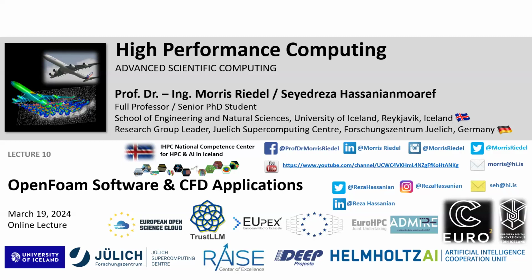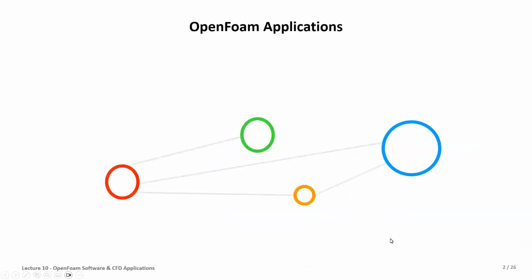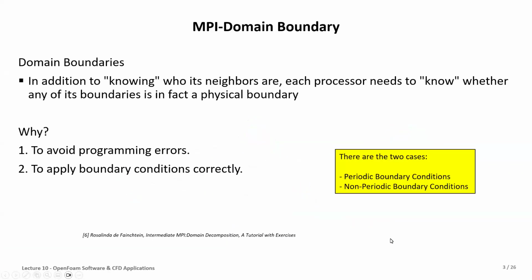In this part of the lecture, we will continue with OpenMPI and the boundary condition which is necessary for the MPI domain. And then in the last part of this lecture, we will have a practical example of OpenFOAM for parallel decomposition and running the simulation. So this is the second part.